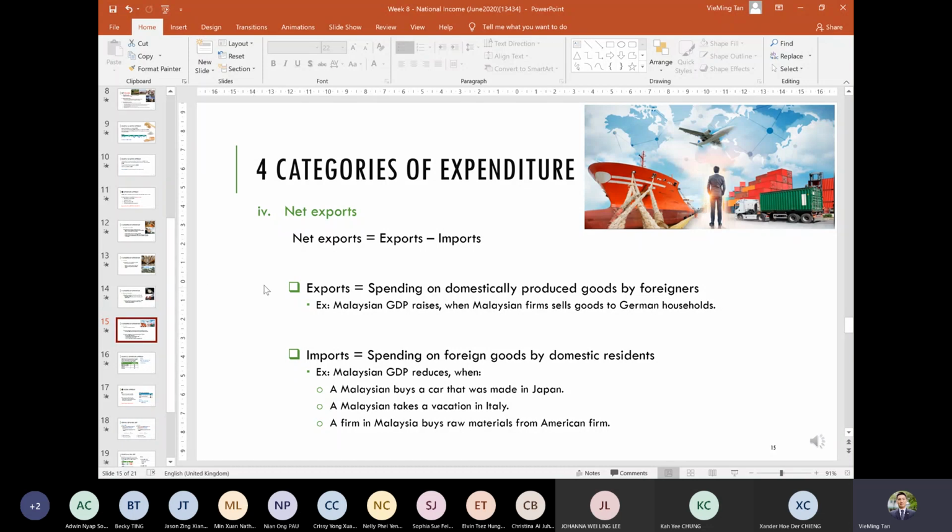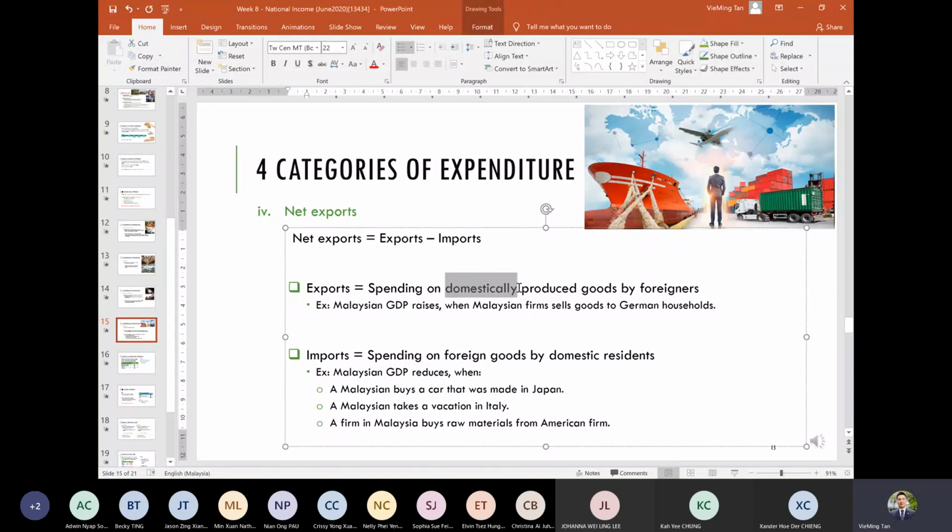Export should include all the spending by foreign consumers or firms on locally produced products.